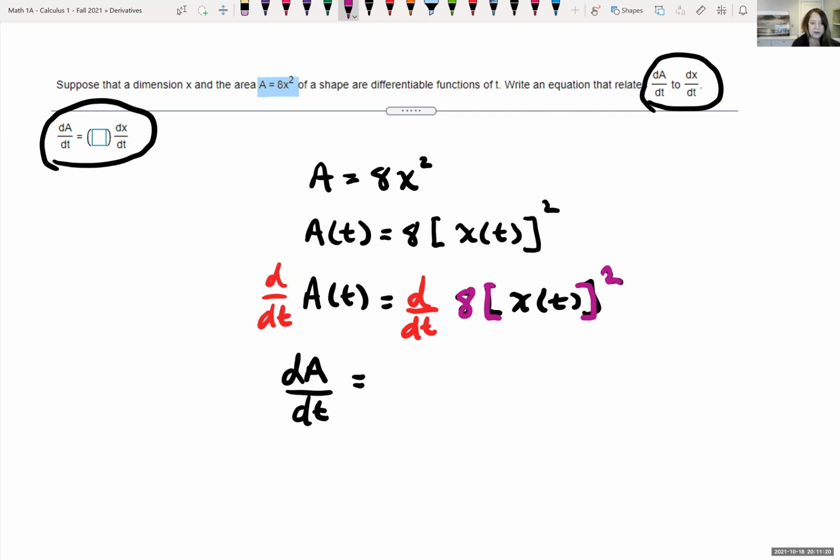So doing my general power rule, 2 my power times the 8 in front gives me 16 times the inside, but subtract 1 from my exponent, so it stays the same, 2 minus 1 is 1. And then take the derivative of the inside. So the derivative of x of t is x prime of t, and I'm going to write it dx/dt, the derivative of x with respect to t.